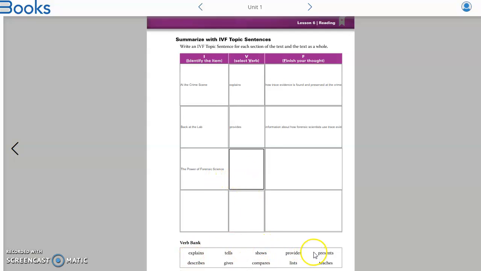I pick another verb. I'm not gonna do explains and provides, but I can pick teaches.